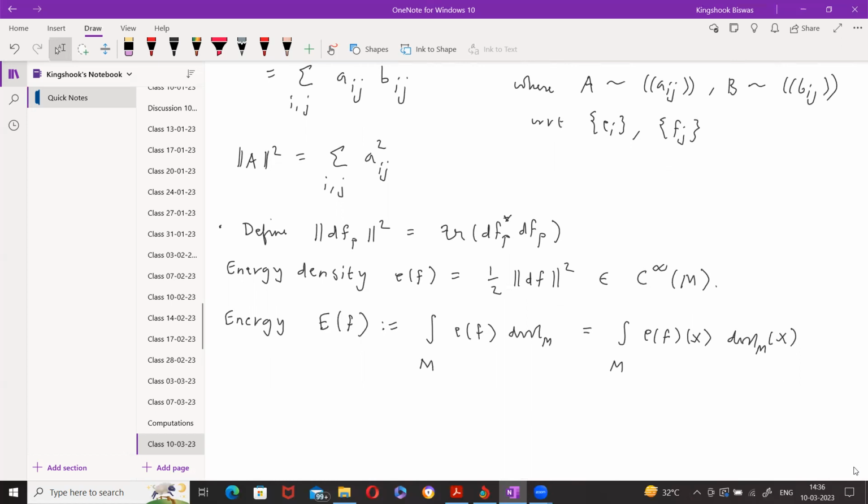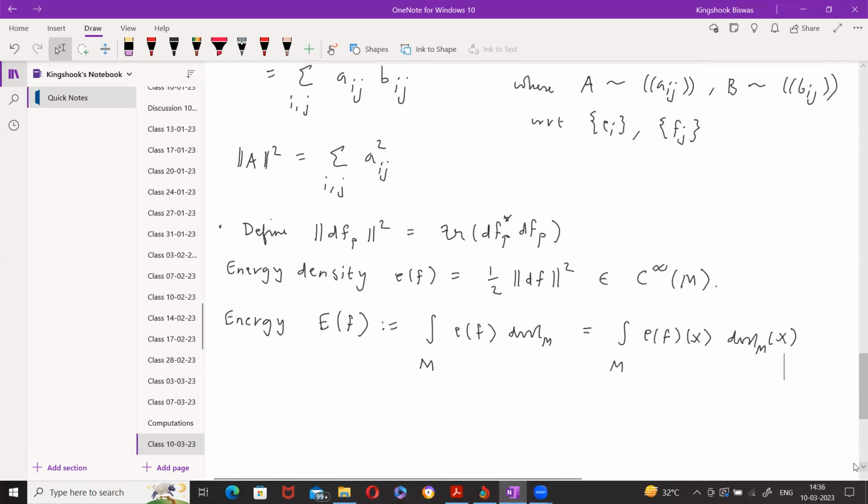Now for a map between manifolds, we want to define the second derivative. It should be a symmetric bilinear form from the tangent space of M cross the tangent space of M to the tangent space of N, the target manifold, right? So it should be a vector valued bilinear function.